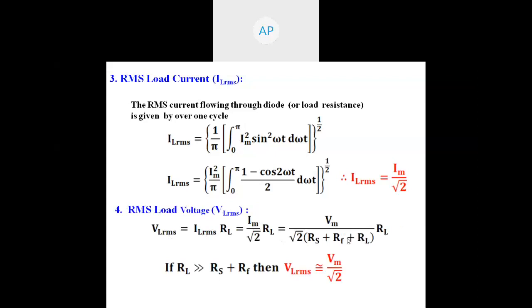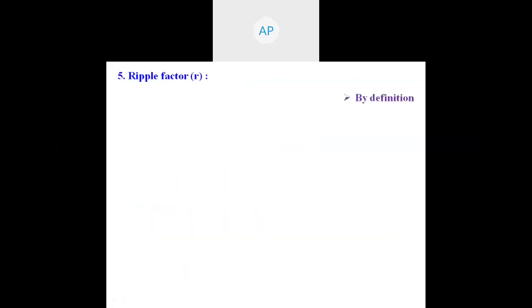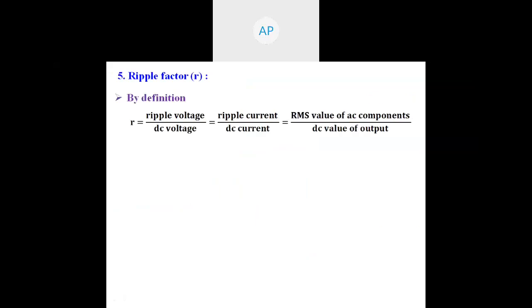Finally, if we consider that RL is large as compared with Rs plus Rf, the approximate expression will be Vm divided by root 2. Remember guys, for a full wave rectifier, its RMS value is Vm divided by root 2. For a half wave rectifier, it was Vm divided by 2. This is a significant difference.